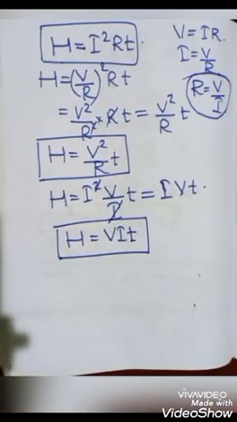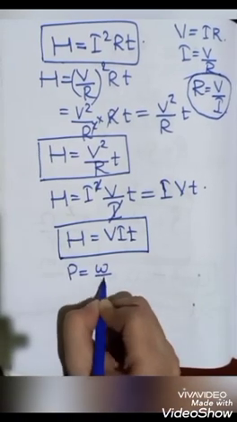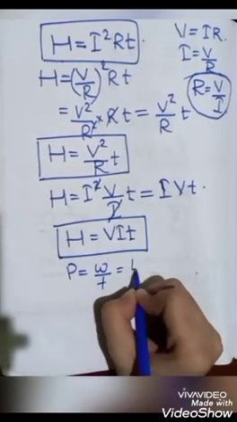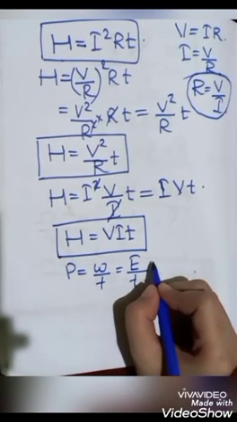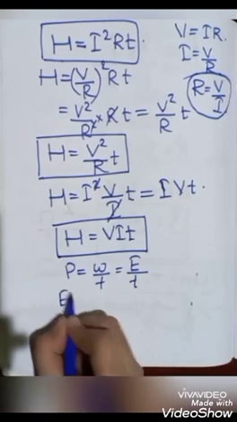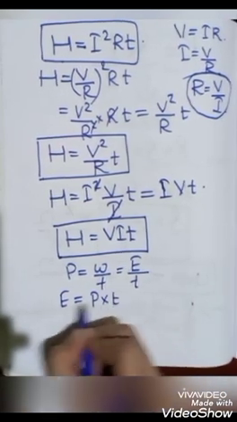I already told you that power is equal to work by time, and power is equal to energy by time. Here energy is the electrical energy, or we can say that electrical energy is equal to power into time.